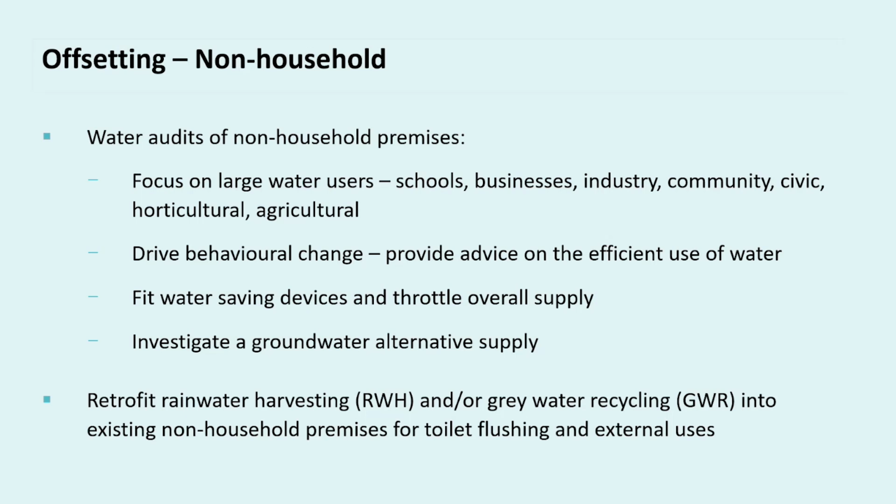And water audits should be undertaken to establish the baseline water usage and to inform the range of potentially available retrofit options. Given the volume of water savings required to offset new developments, it's important to focus on large water users first and retrofit efficiency measures alongside behavioural change programs and metering.